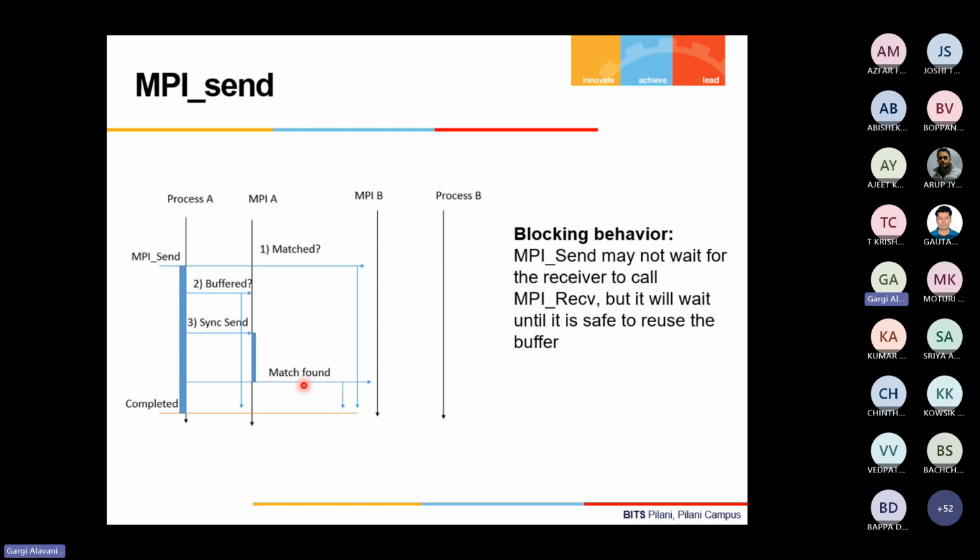Yeah. So now this is how MPI send works. Before we see the example, here MPI send is called a blocking function. Any guesses why it's called a blocking function?